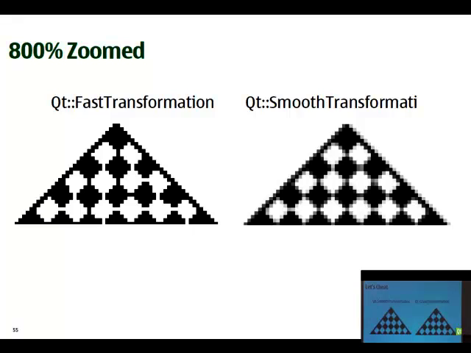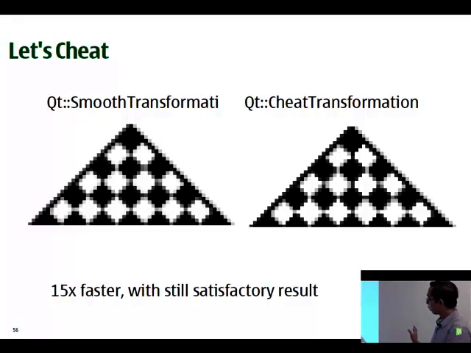Now, what if we can have something like this, which is quite similar to this, but still 15 times faster? I call it cheap transformation. And the trick is, this is the scaling process. So this is a big image.